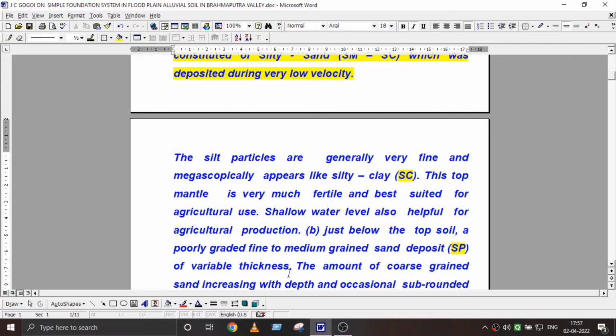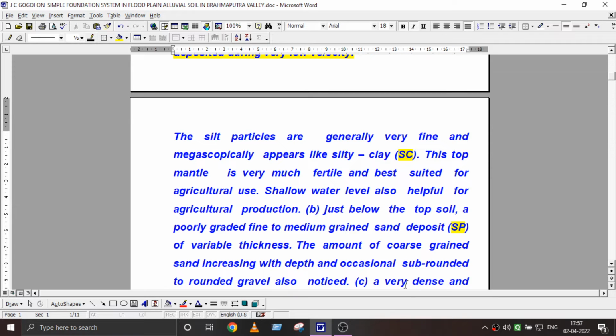The amount of coarse grained sand increases with depth, and occasional sub-rounded to rounded pea gravels are also noticed.